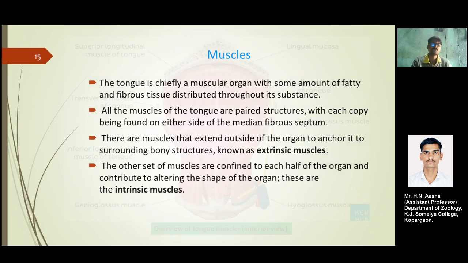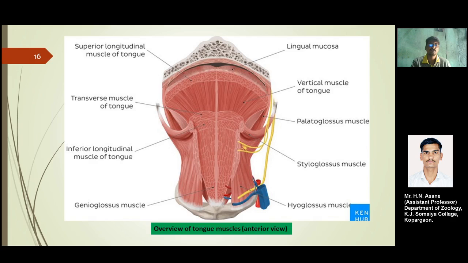Okay, so this is the overview of the muscles, with the anterior view. You can see the superior longitudinal muscles at the lingual mucosa. And as you can see, the vertical muscles below that.